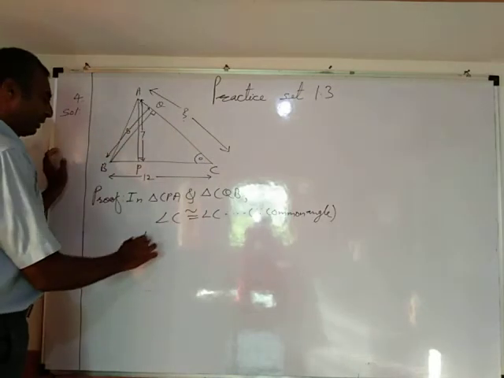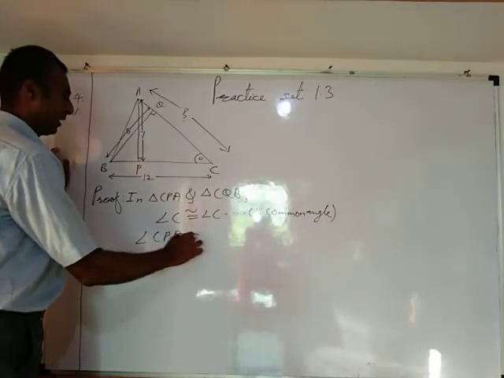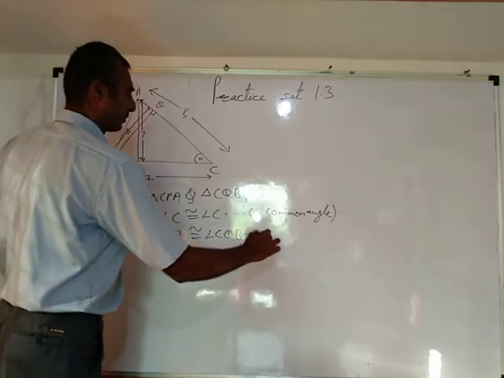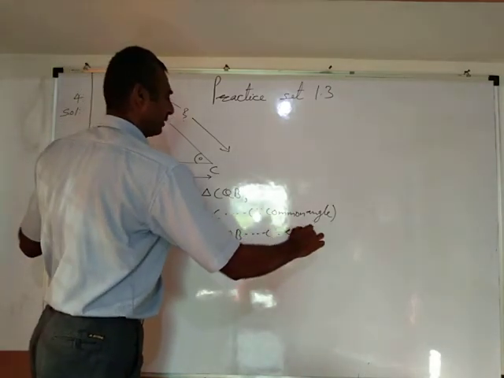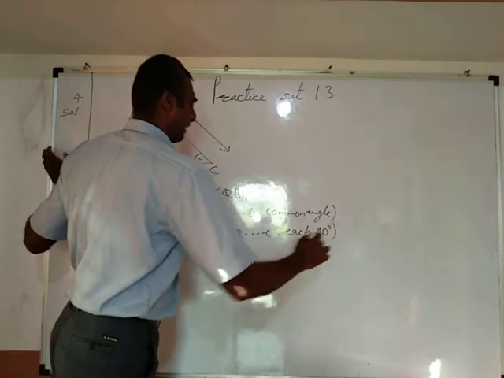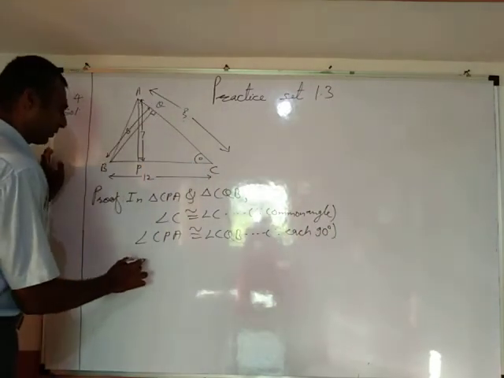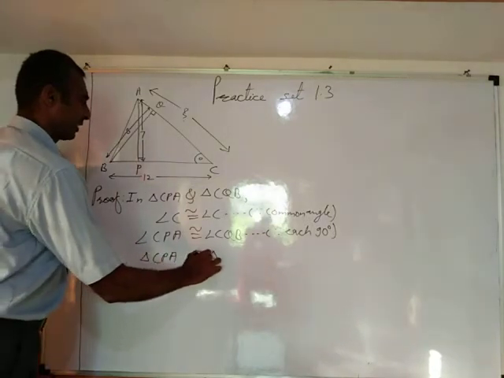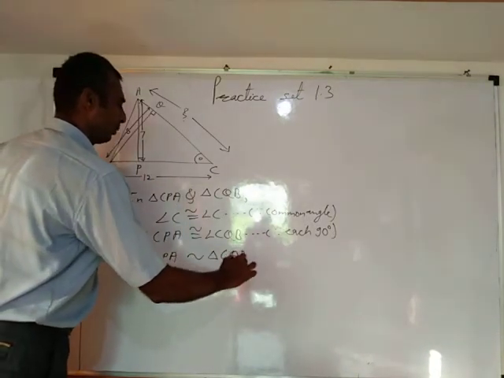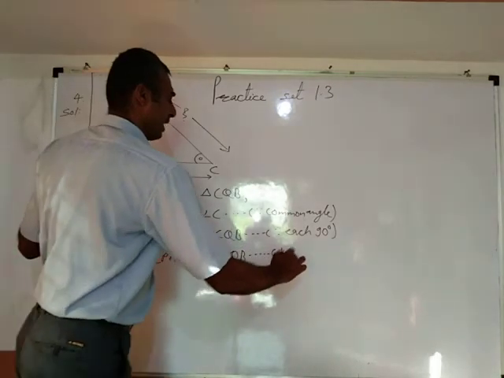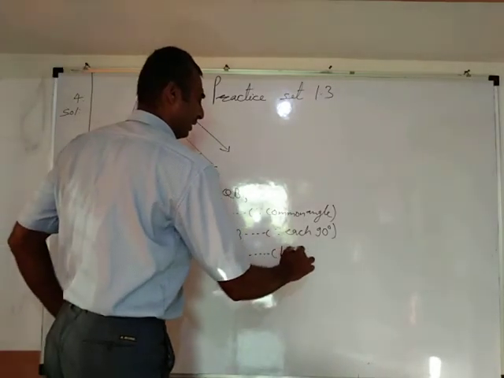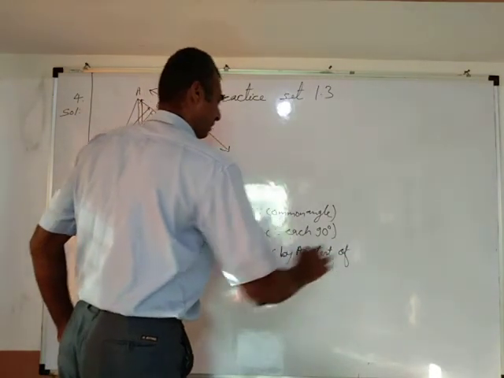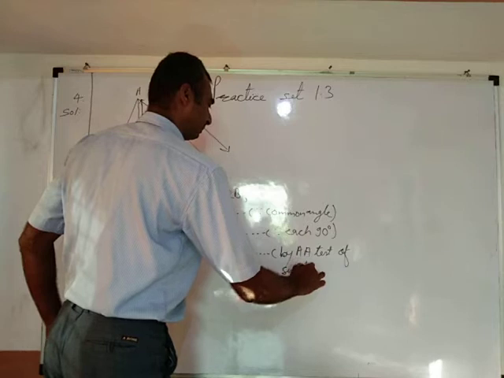Then angle CPA is congruent to angle CQB, since each is 90 degrees. Therefore, triangle CPA is similar to triangle CQB by AA test of similarity.